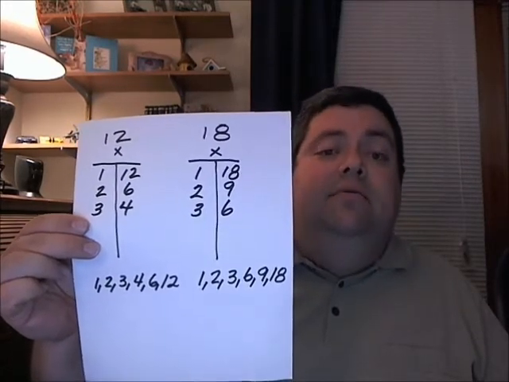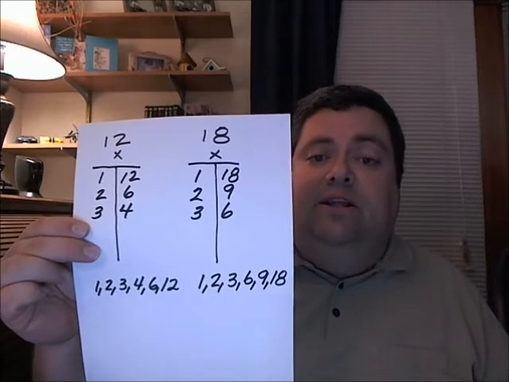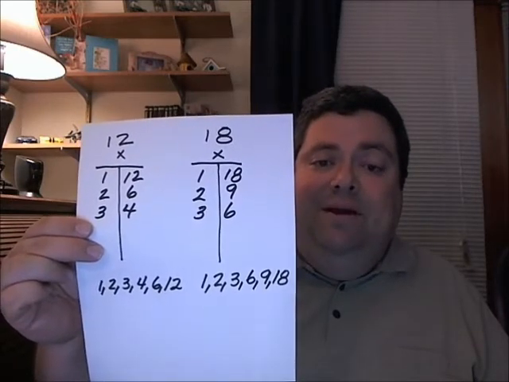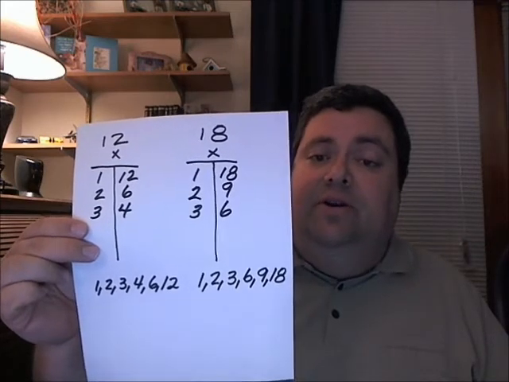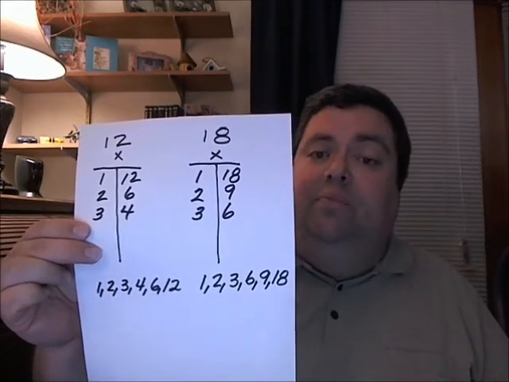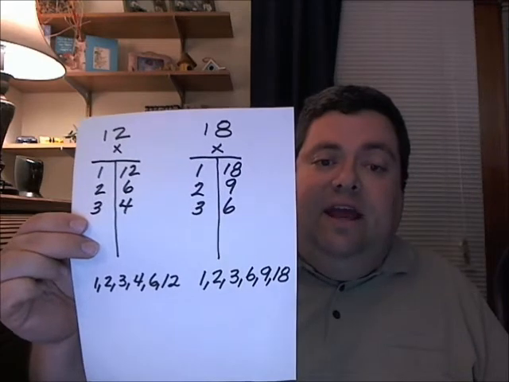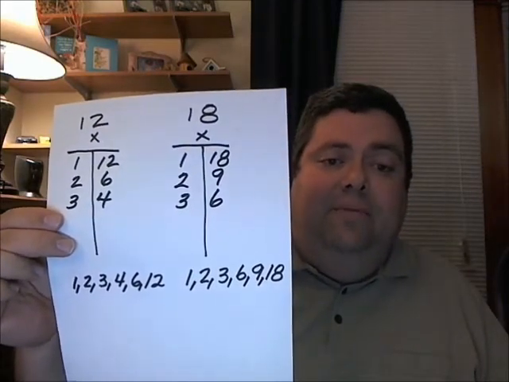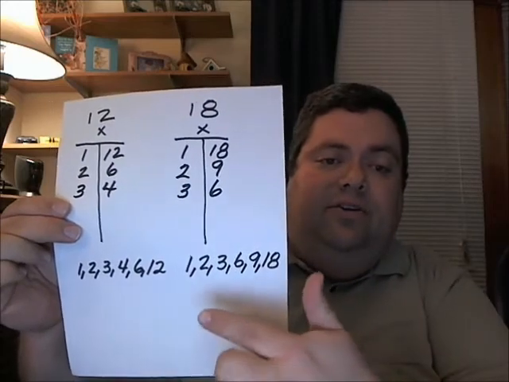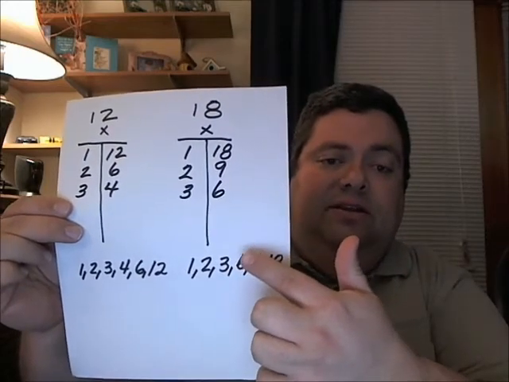Common means the same, so we're looking for the largest same factor, or number that can be multiplied into both numbers. In this case, if you look at your list, you can see on the T-chart and on your paper that the largest factor, the greatest one, is 6.